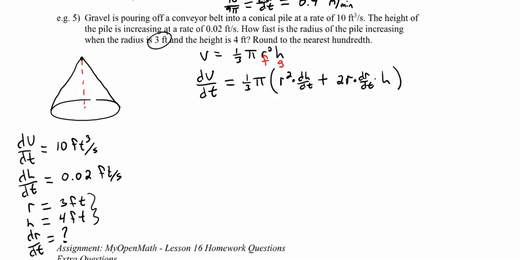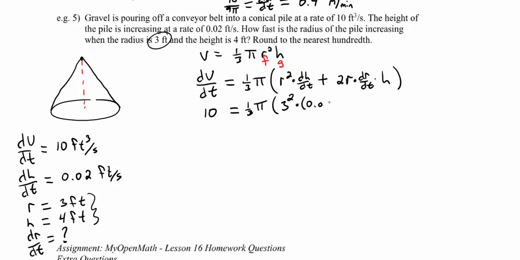Okay, so let's throw some numbers in now. We know most of these. dV/dt was 10, and then we still have 1/3 pi. Am I safe to put the radius in now? Yes, because we've taken the derivative and I want to know it at this exact moment. So the radius was 3 squared. dh/dt, I know that one too.